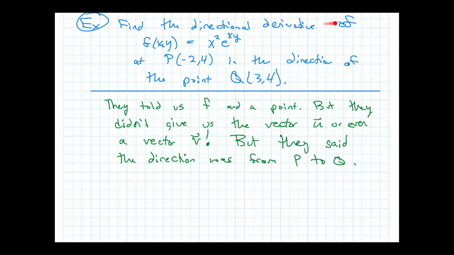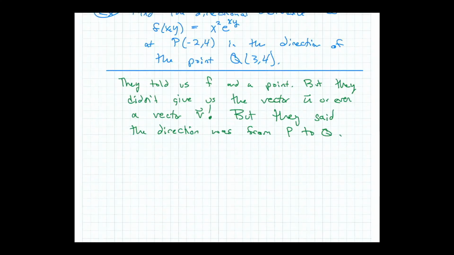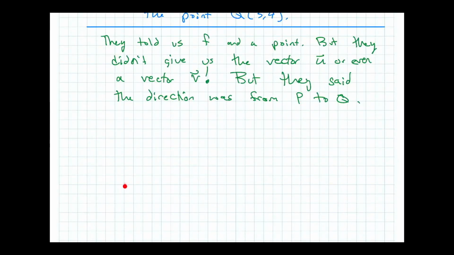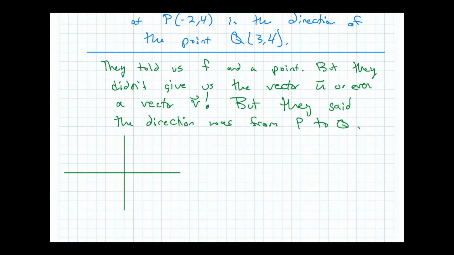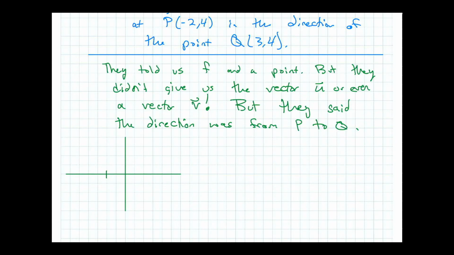They say find the directional derivative of this function at this point, in the direction of this other point. So your vector, on an xy plane, which I will draw, you've got the point negative 2 comma 4, and that's P. You've got Q, which is 3, 4.